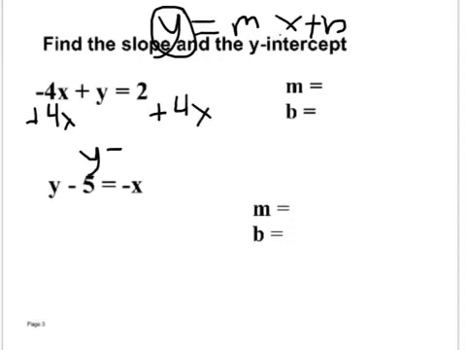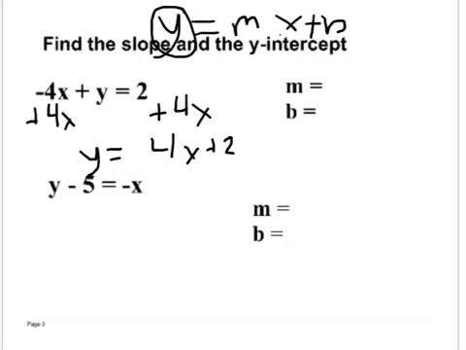So y is by itself. On the other side, it's 2 plus 4x. I can switch them. Remember our commutative property, meaning we can change the order. So 4x plus 2. Does this look like slope-intercept form? Yes, it does. Y is by itself.